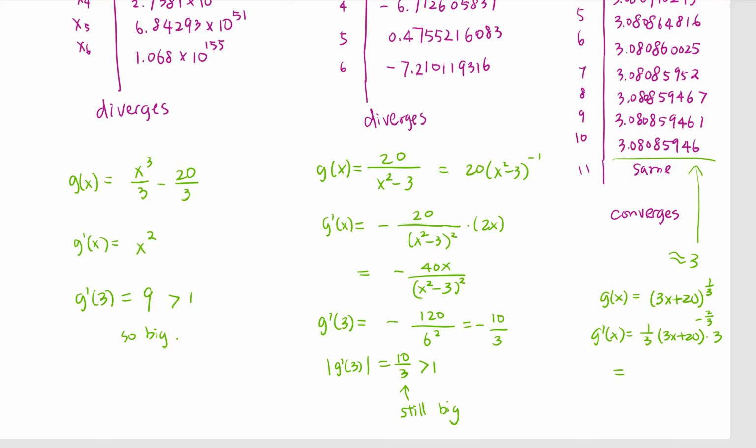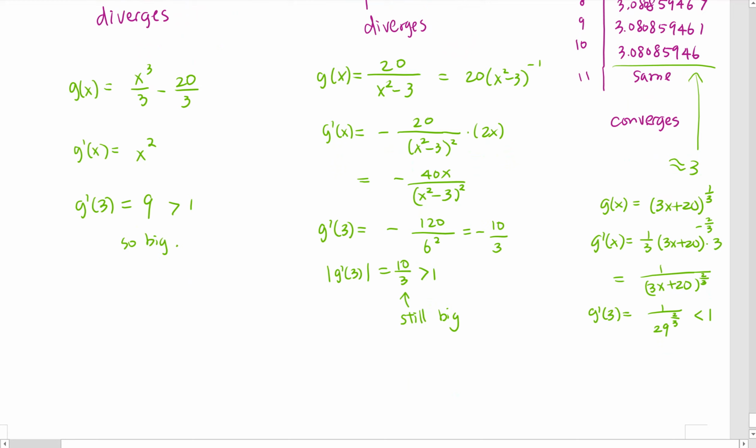This is the same as 1 over (3x plus 20) to the 2 over 3. When we plug in 3, we get 3 times 3, 9. So 29 to the 2/3. Good. This guy is less than 1. And so this is the rate of convergence, right? And our order of convergence p equals 1. So far so good, everybody?